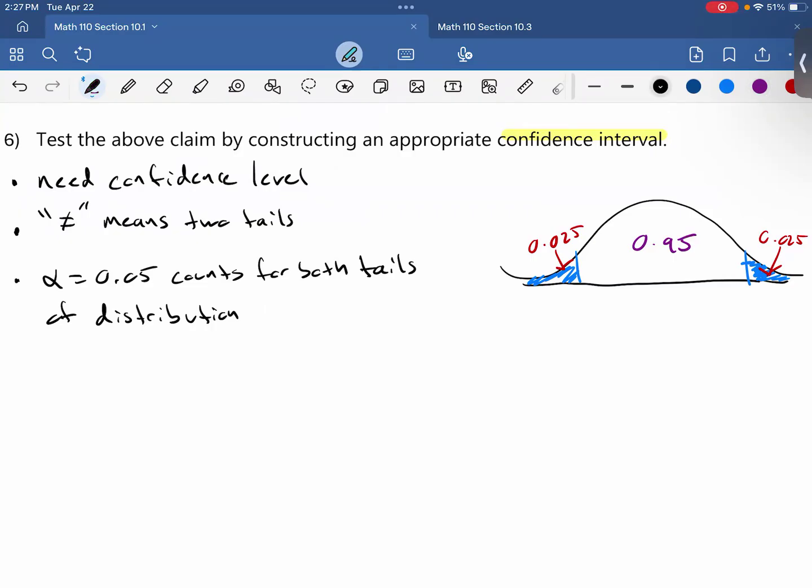We could also mathematically do that. So remember, confidence level is 1 minus alpha. And since alpha is 0.05, it'll just be 1 minus 0.05, and that just equals 0.95. So 0.95 is my confidence level.